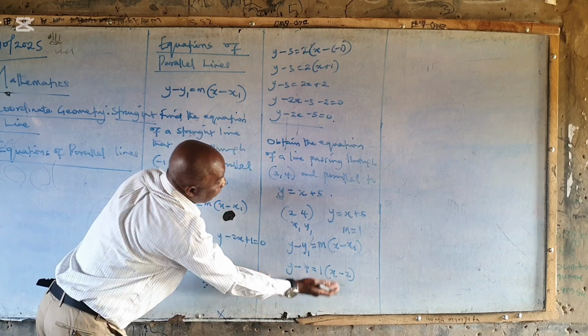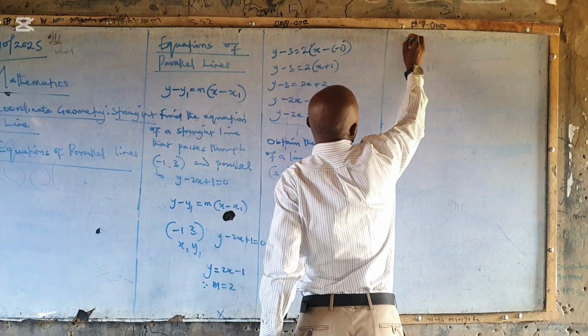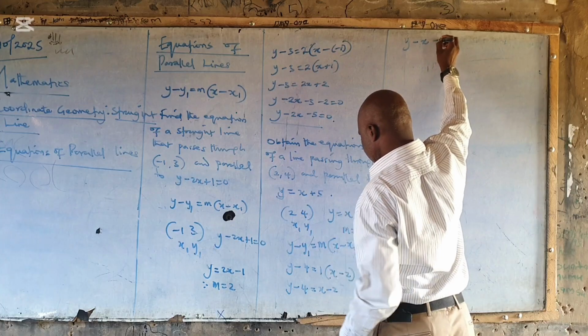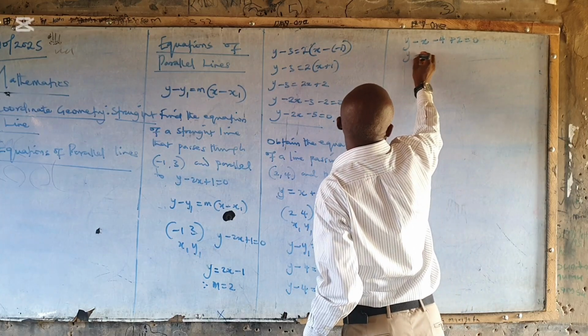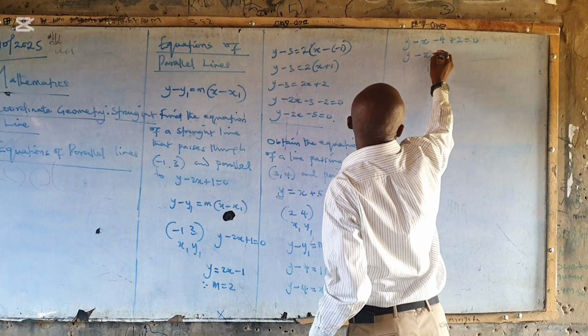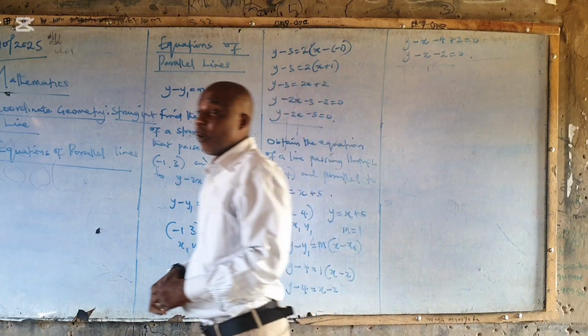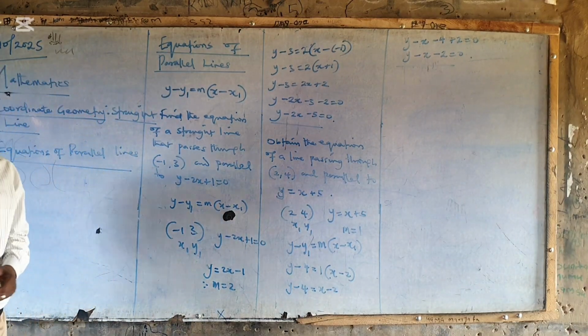So when you move everything from here to this place, you have y minus x minus 4 plus 2, which gives you minus 2, equals 0. That is the equation of that parallel line. Then, having been done with that, we now quickly move to equation of perpendicular line.